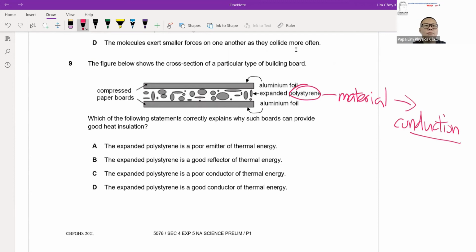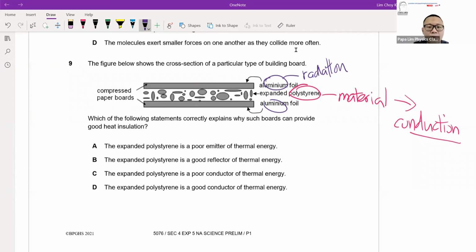With aluminum foil, we look at the shiny, reflective surface and the dull surface of the foil. So the moment I see aluminum foil, maybe I will peg it directly to radiation. So these are the possible ways the question could ask.